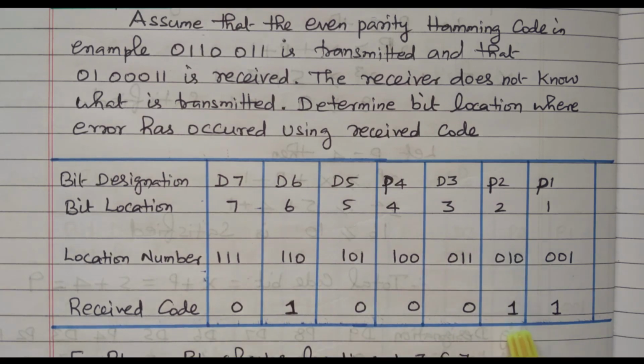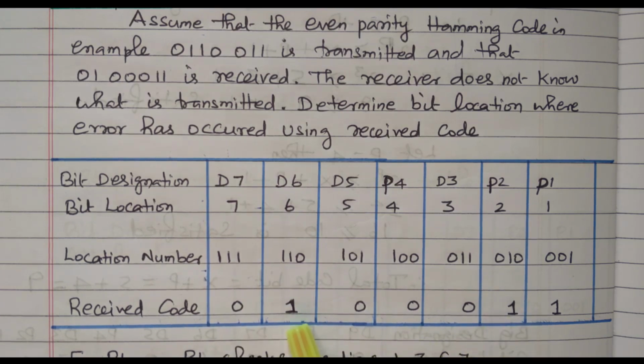In second the value is 1, in third 0, in sixth another 1, and in seventh 0. So two 1s are available in 2, 3, 6, 7. Two means even number, and with even parity the resultant value will be 0. The P1 we already identified as 1, and P2 now we identified as 0.